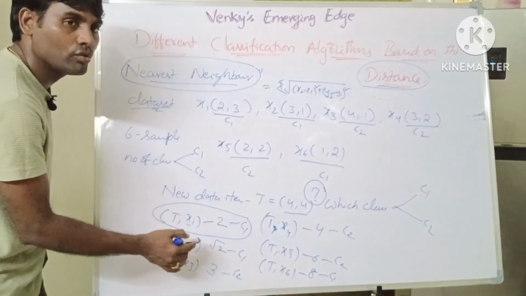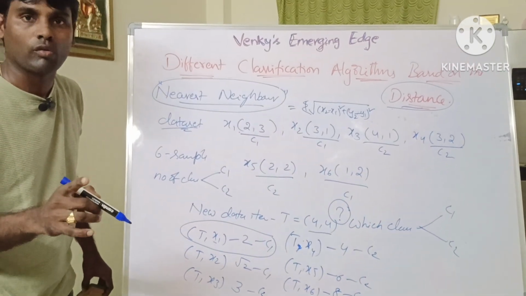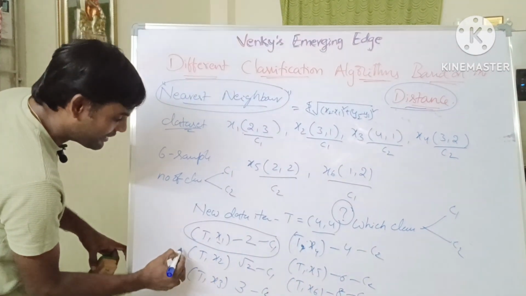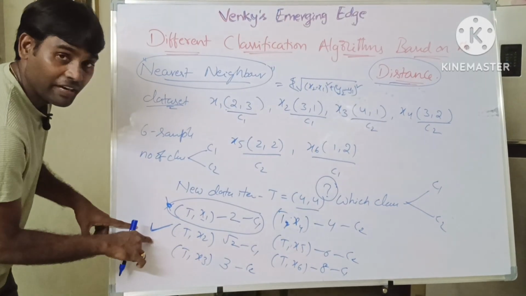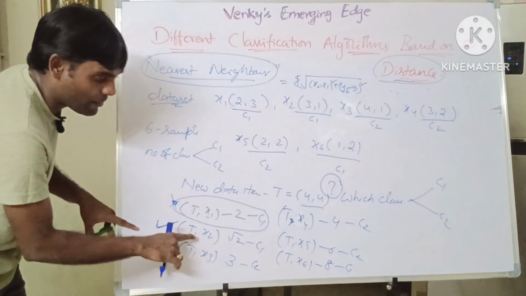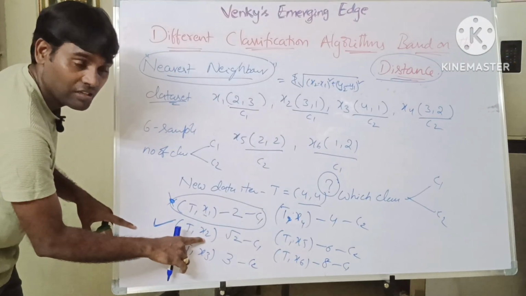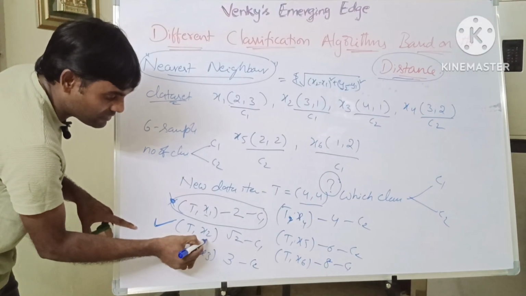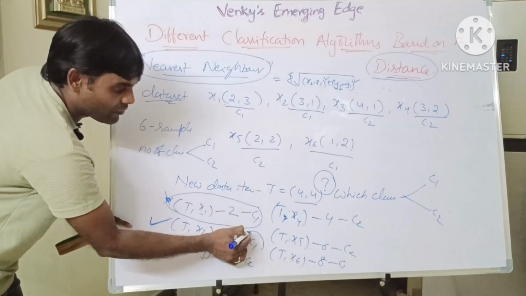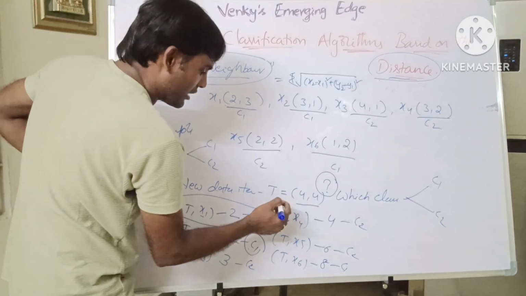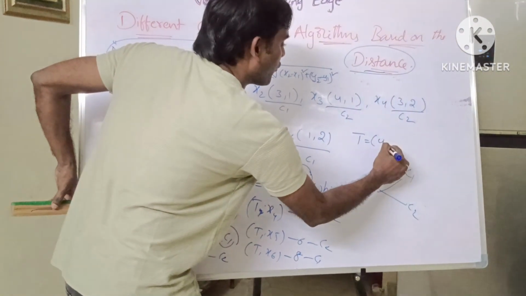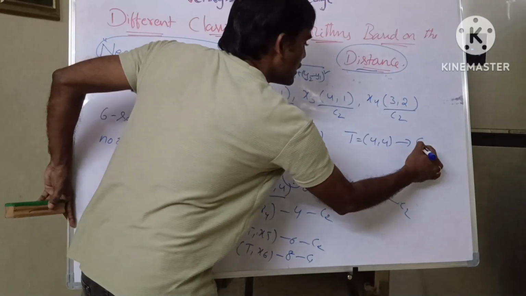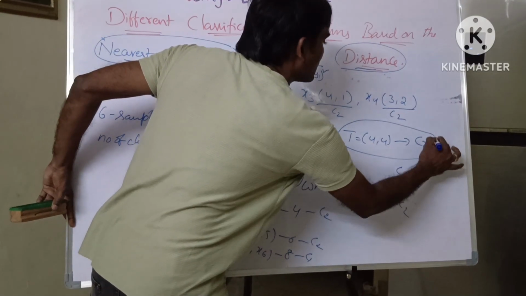What is the value of root 2? 1.414. So that's why T comma x2 has the least distance. So x2 is which class? C1 class. So finally, our new data item 4 comma 4 is related to the C1 class only. This is my final answer.